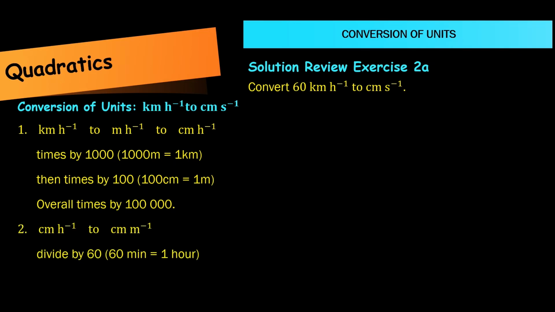How about converting centimeters per hour to centimeters per minute? Now, since there are 60 minutes in 1 hour, then we divide by 60.